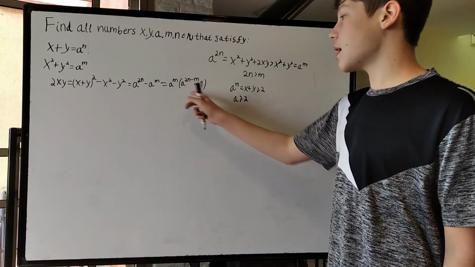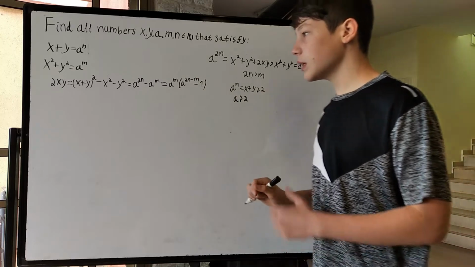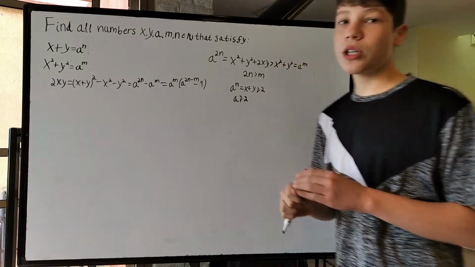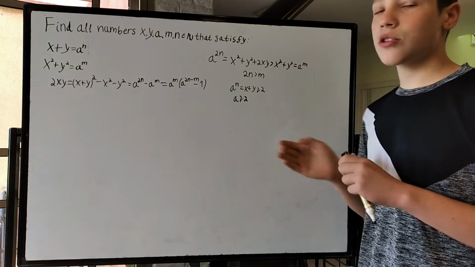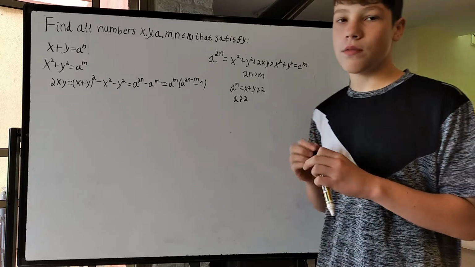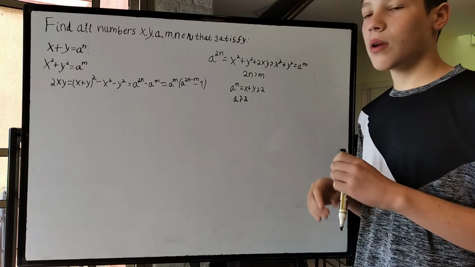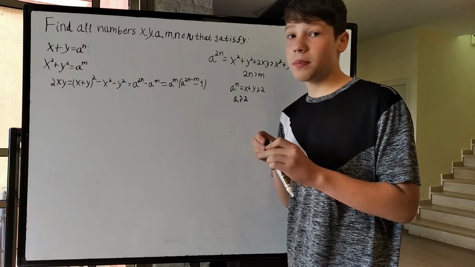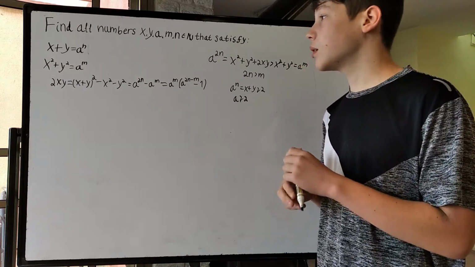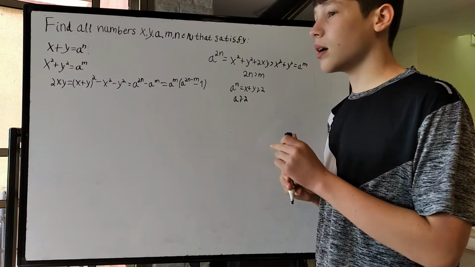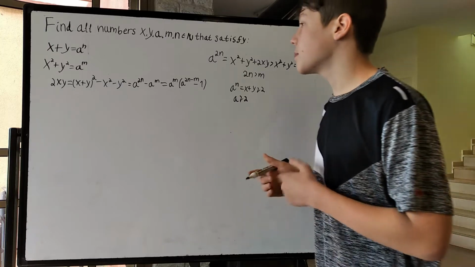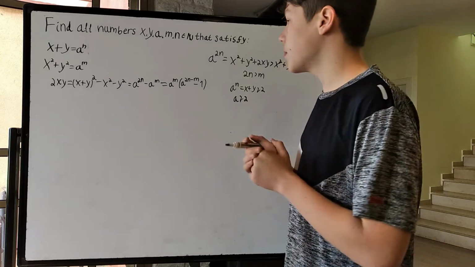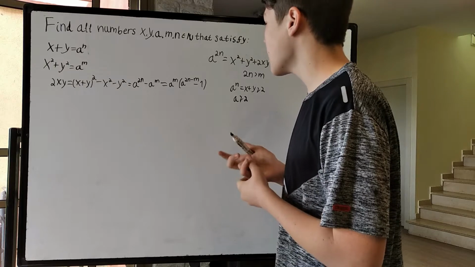So this is a natural number. And I also need to mention, in this problem, by natural number, I mean a positive whole number. I'm not including 0. Although it would be easy to look at the case of 0, I won't be doing it. I'll leave it for you to continue that.